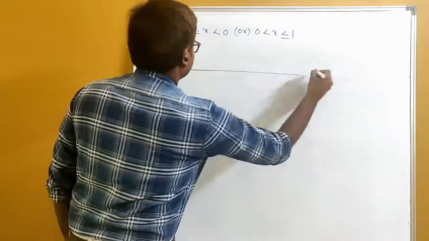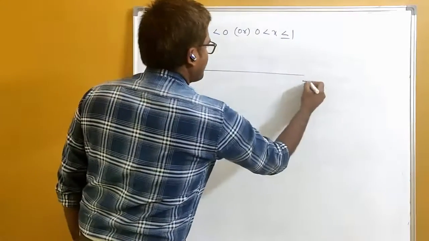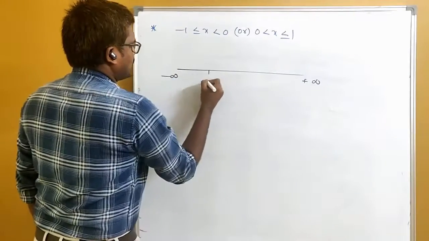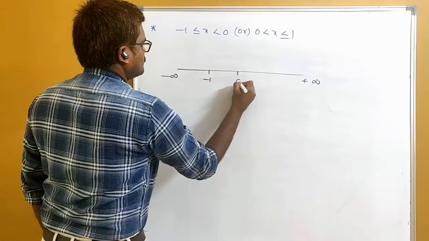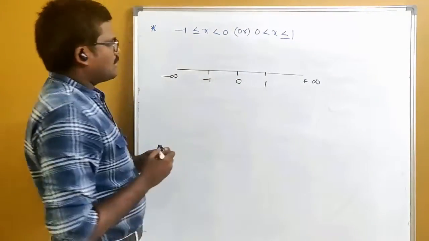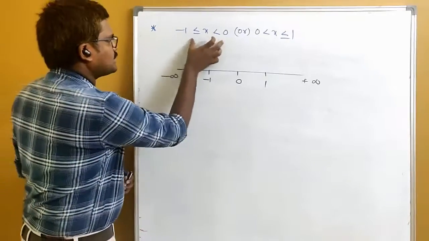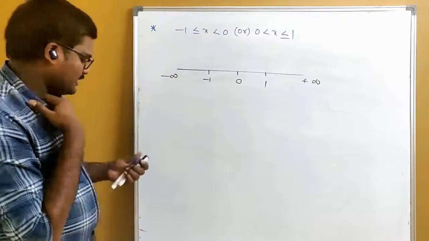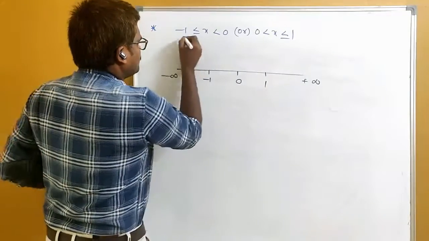Minus infinity, plus infinity. Now let us locate these 3 points, minus 1, 0, 1. Okay. Now first look at this one and then we will come to this one later. Okay. Now what is the meaning of this one?